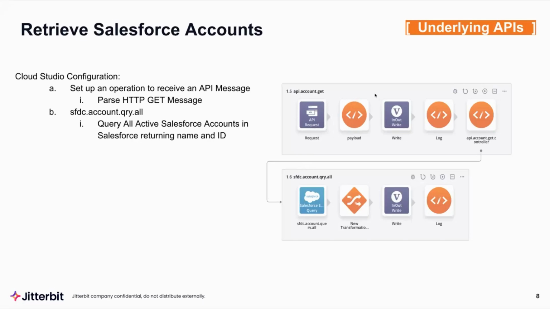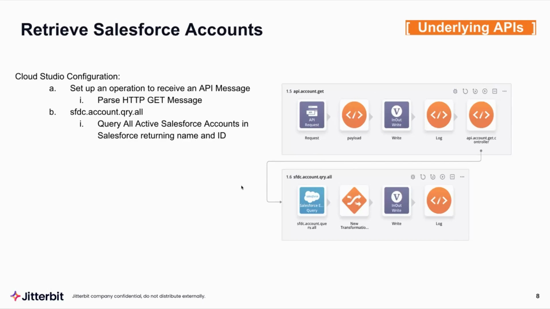In this particular scenario, we are interested in retrieving all Salesforce accounts. We do have some filtering criteria, but we are interested in all the accounts, and you will see that in the app that Mayank will be demoing. So we retrieve those accounts, put them together as a message, and send back a response for the API.